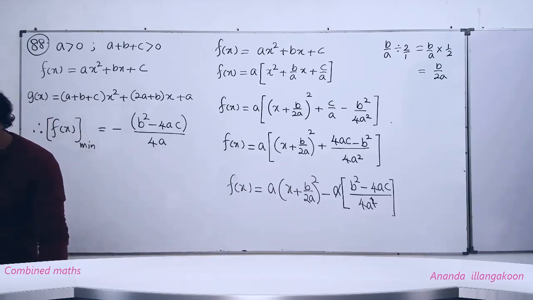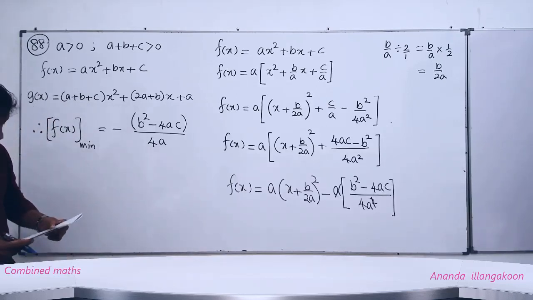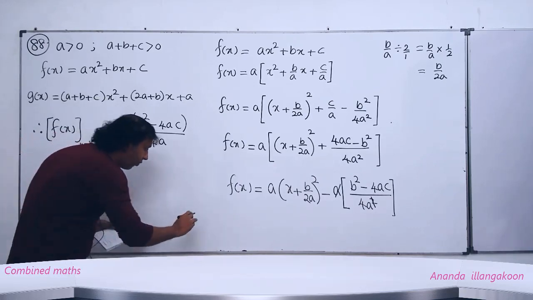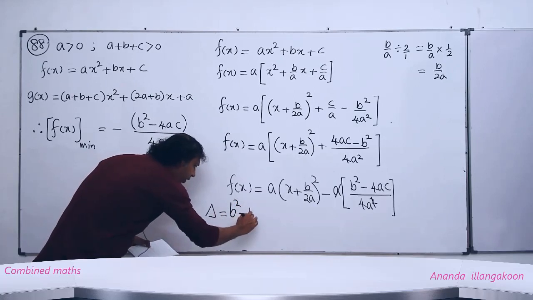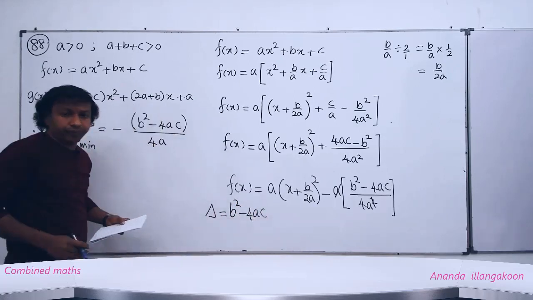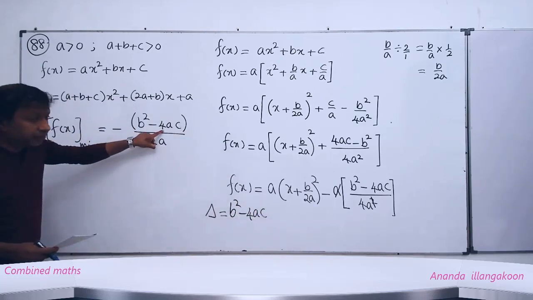Now, we are given a notation. In the question, when you very carefully see, you can get this delta is b squared minus 4ac. This is delta. And for the f(x) minimum, we are given another notation as m1.